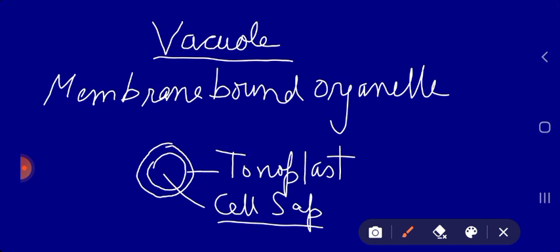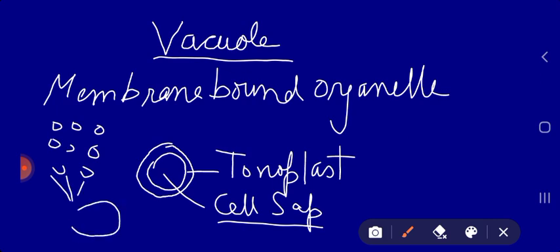But when the cell matures, a large central vacuole will be observed, formed as a result of fusion of these small vacuoles in mature plant cells.